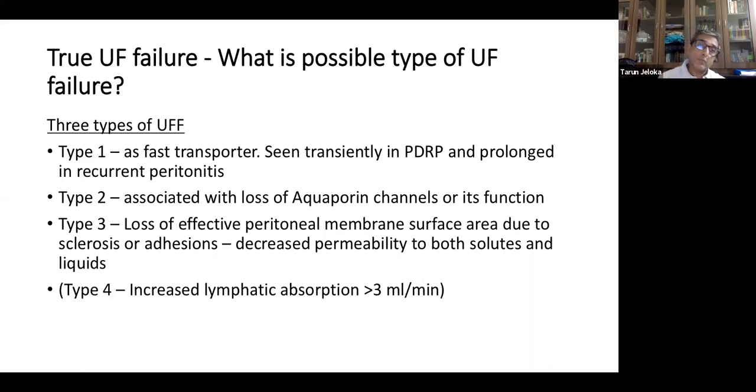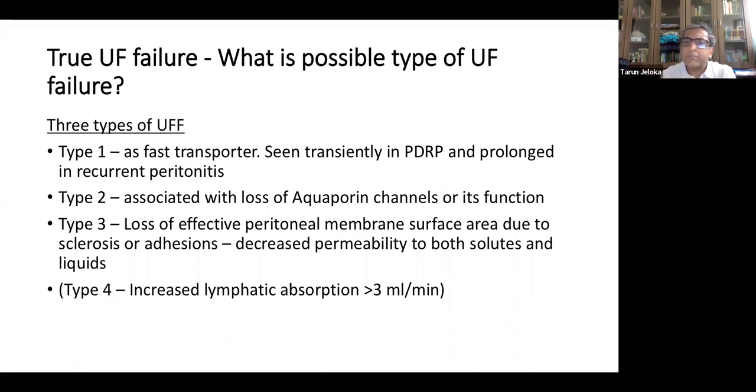Some also believe that type 4 failure is also there when there is increased lymphatic absorption. You have to understand that there is less than 3 mils per minute of absorption of dialysate through lymphatic channels. Actually it is 2 mils, not more than 2 mils.